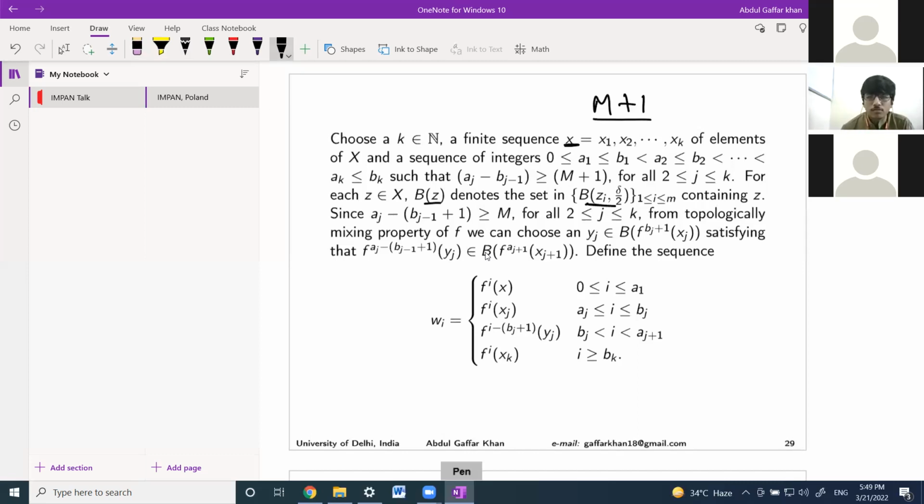Now we will use that f^n(U) ∩ V is non-empty for all n greater than or equal to m_ij to construct a delta pseudo orbit w_i.